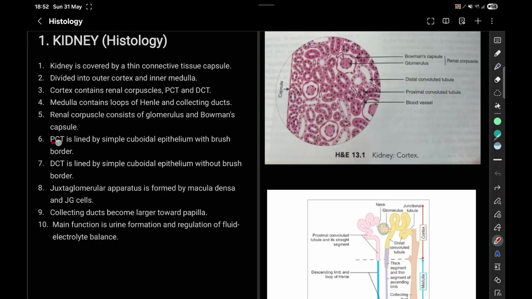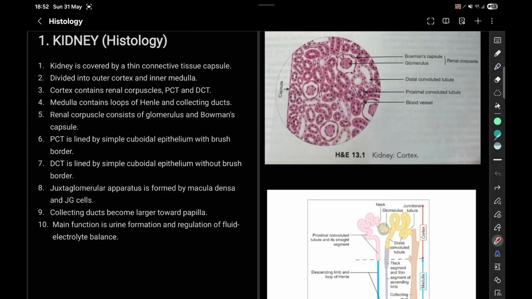Next point. PCT is lined by simple cuboidal epithelium with brush border. So brush bordered simple cuboidal epithelium. This is our PCT, that is proximal convoluted tubule. This is lined by brush bordered cuboidal epithelial cells, and the DCT is lined by simple cuboidal epithelium without brush border.